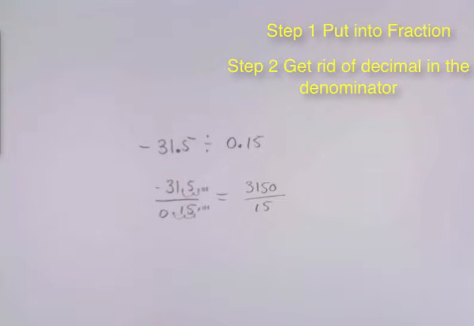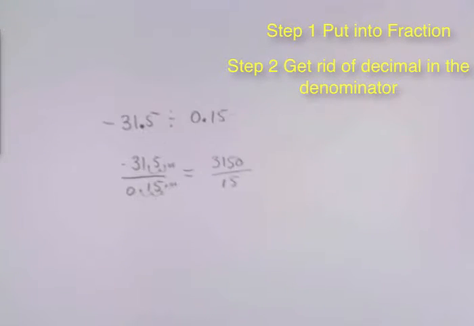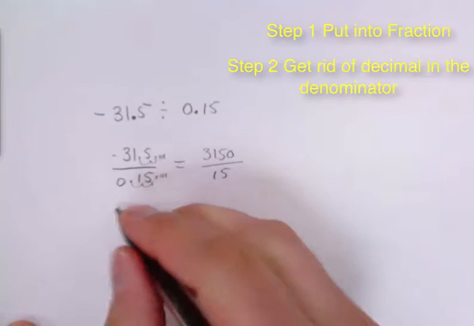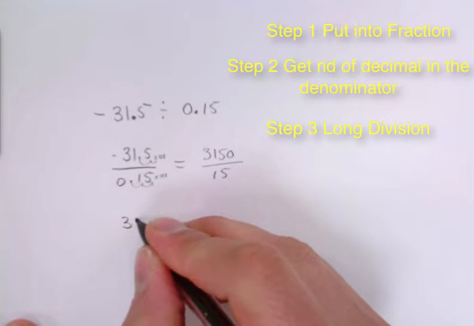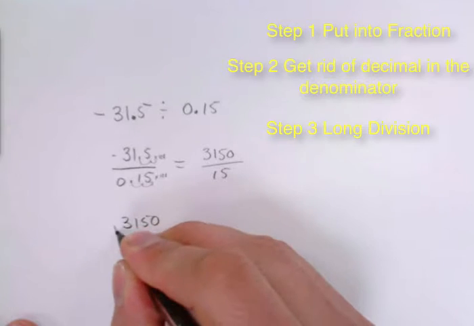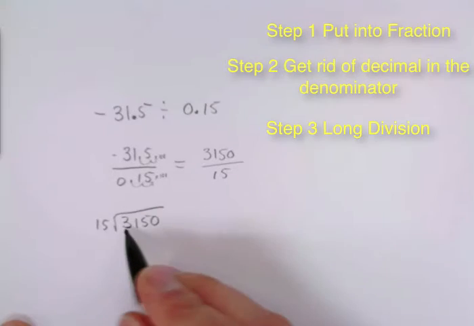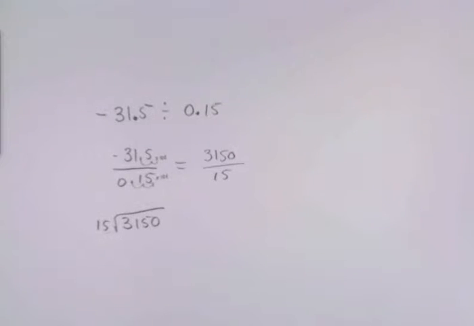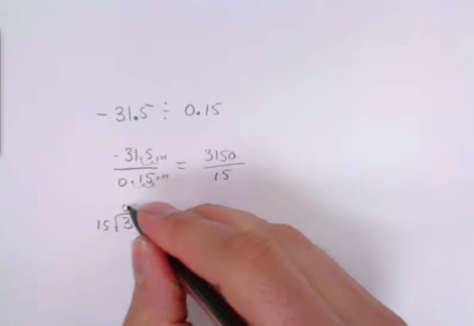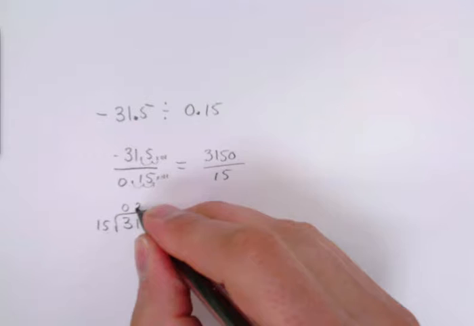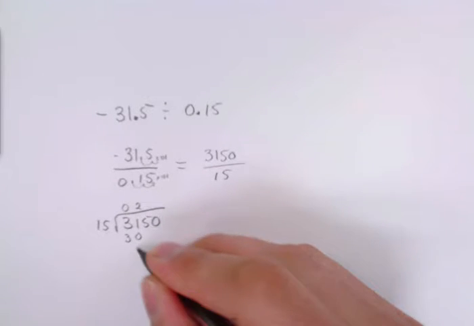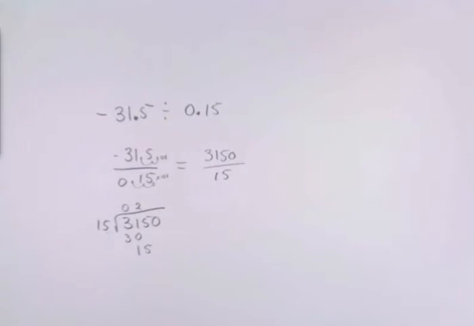Now let's just do our quick division of that. So I'm going to have 3,150, and we want to divide that by 15. So 15 goes into 3 0 times. 15 goes into 30 twice. Okay, then we do our subtraction. 15 goes into 15 once.